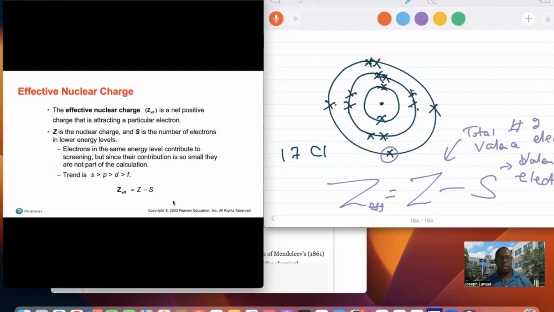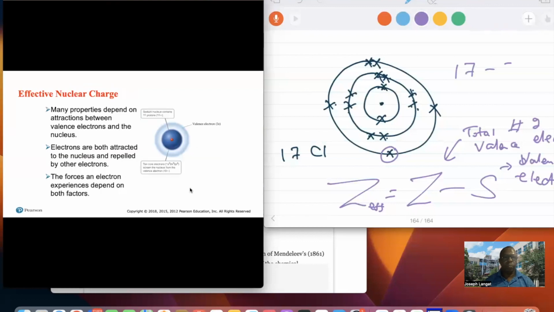So for chlorine, this will be 17 minus the 10 core electrons, which gives you a Z effective of positive 7.